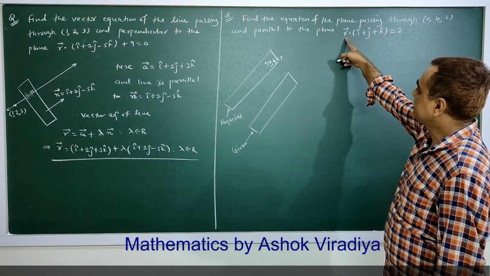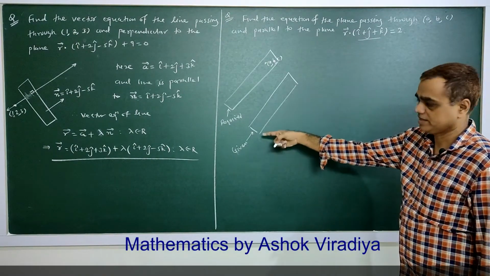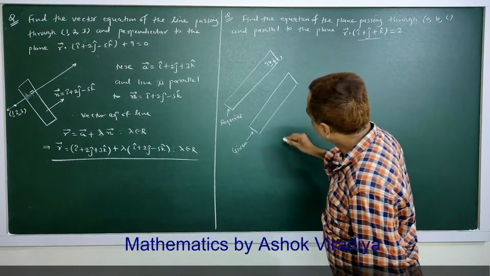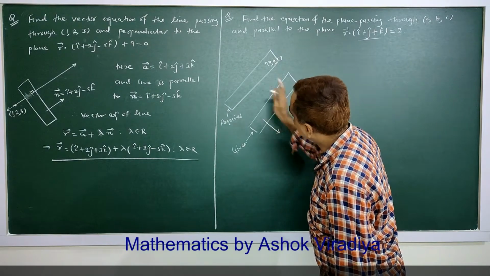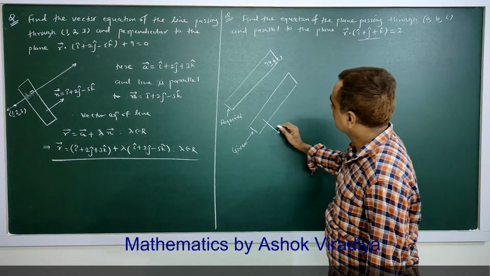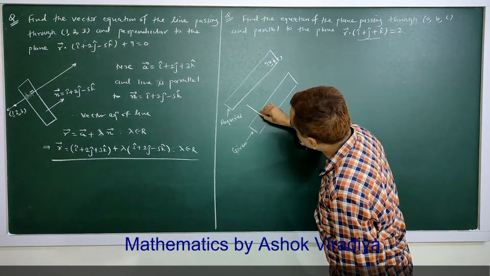Now the given plane, its equation is here. So this is normal to this plane. Normal means perpendicular. So normal to this plane can be taken in this direction or in that direction, any perpendicular. So suppose we are taking normal to this plane. So this is normal.